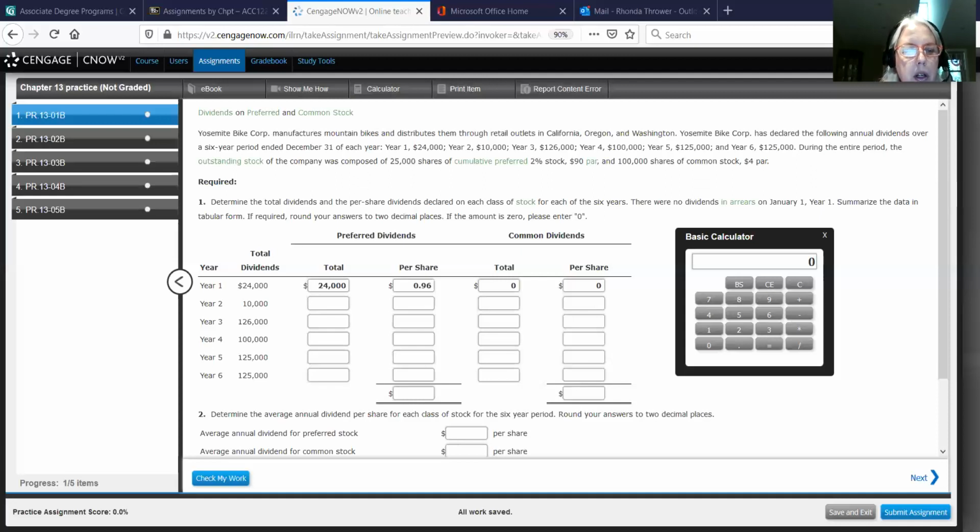Also, we just went over the computations that show you how to calculate preferred stock dividends owed during the year. That calculation was the number of shares that were outstanding of preferred stock times the preferred dividend rate times the par value. And again, let me fix this for you.